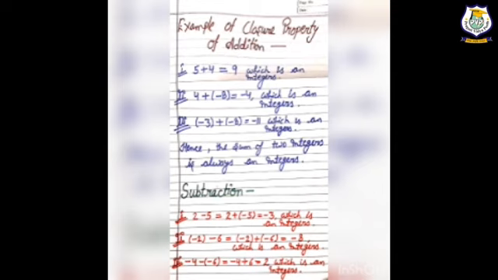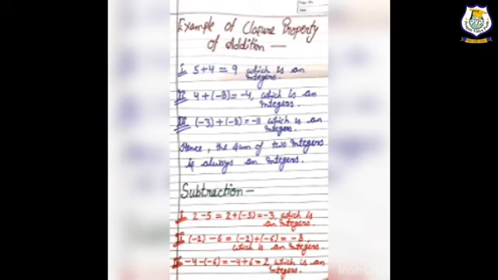Now, examples of subtraction. In the first example, I will take two positive integers and find their subtraction. So, students, if we are subtracting 2 minus 5, we will get the answer minus 3, which is also an integer. Now, come to the second example.